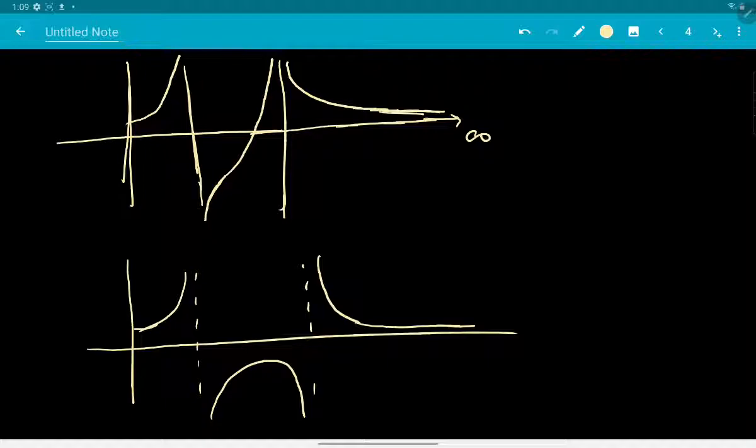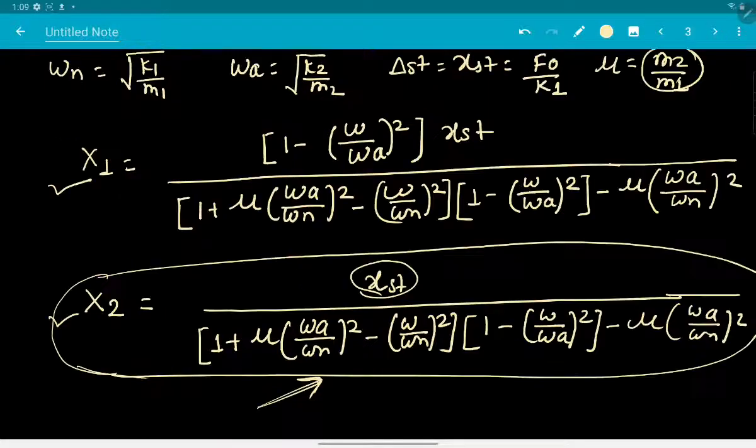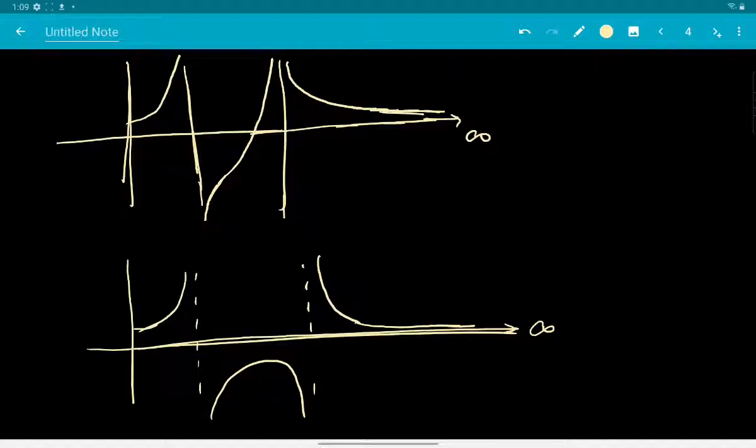Right, so it is not cutting the x-axis for x2 anywhere, because x2 has got xst sitting over here. So xst is what? f0 by k1, so it will be 0 only when f0 is 0. Otherwise it cannot be. So this is how it is going to look.